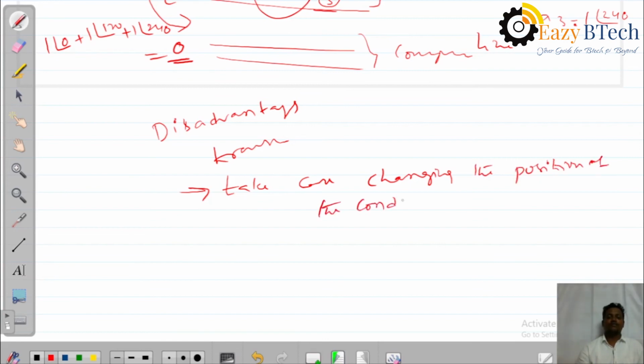Conductor A must occupy all three positions, B all three positions, C all three positions, then only we will get LA equals LB equals LC. Otherwise it is not possible. That is the only drawback in transposition. Where we do the perfect transposition, all the conductors occupy all the positions. There is no drawback in transposition.